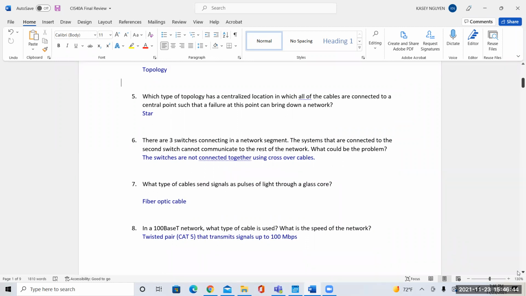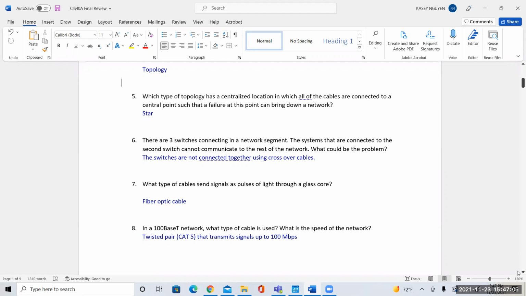For Network Plus and the final exam, we need to know the base network. So in a 100BaseT network, what type of cable is used? What is the speed of the network? For the 100BaseT, the 100 stands for the speed. So that will be 100 megabits per second.